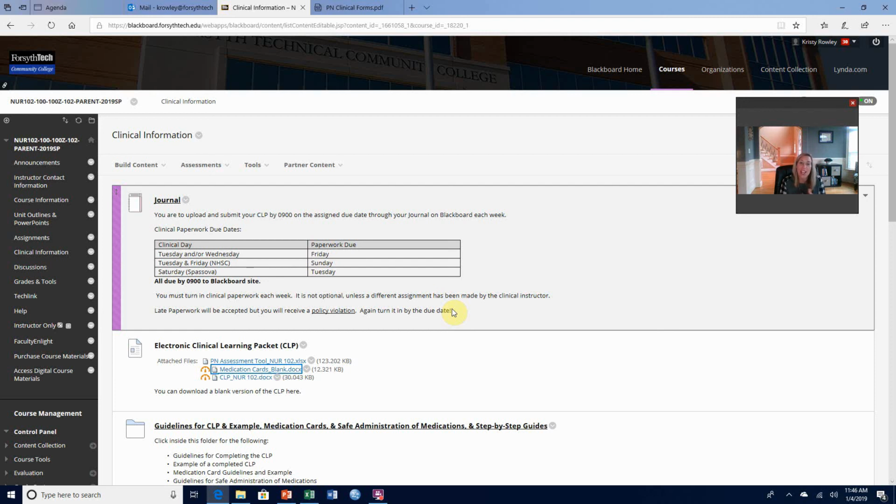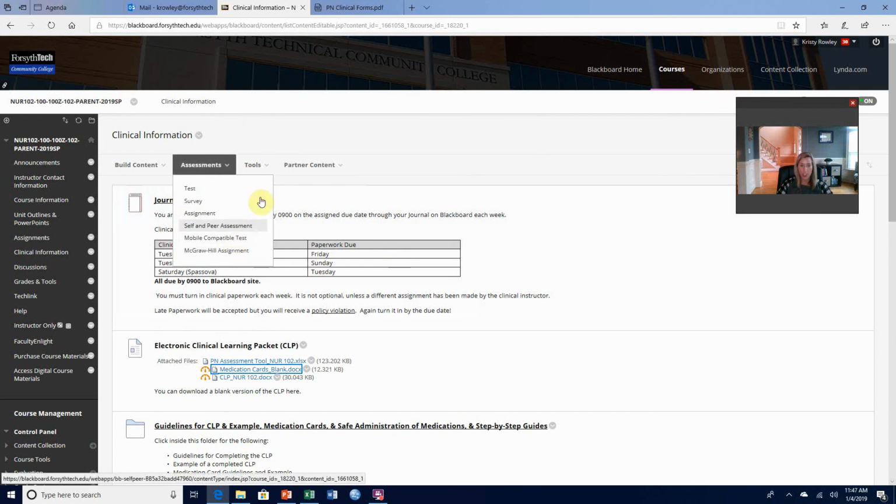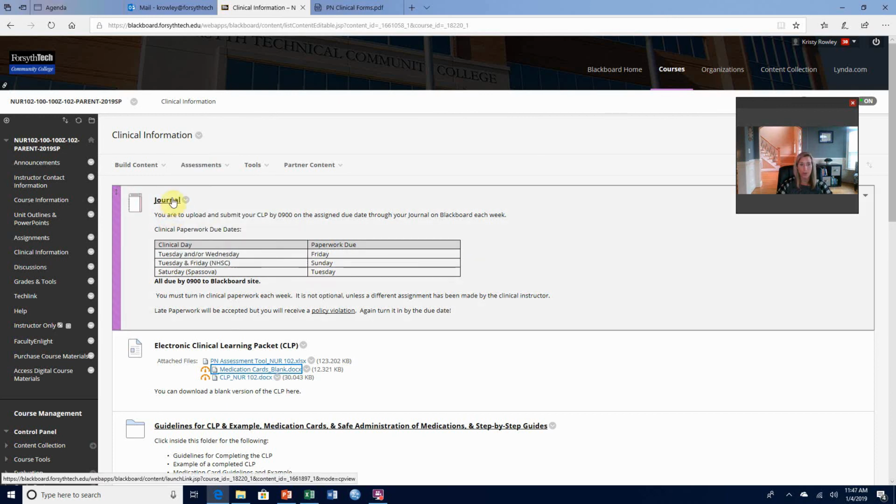So when you issue a policy violation because somebody didn't turn their paperwork in, you will just give them another due date. Of course, the due date would need to be before they return to clinical or before their next packet's due, whichever due date you see fit. You can just work that out with them, or you can send them to me, whichever you want to do.